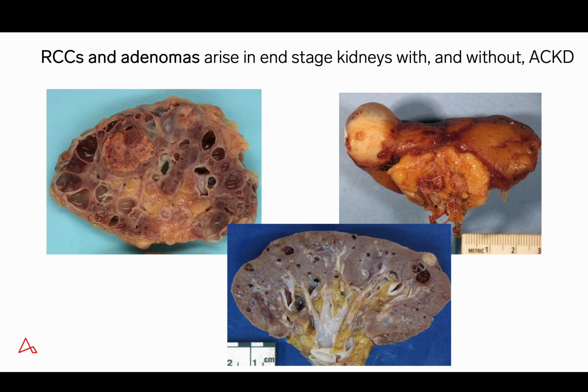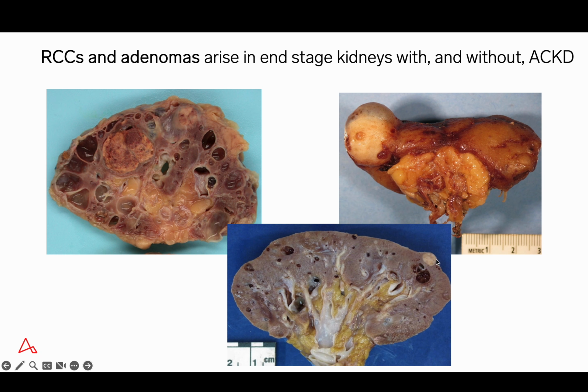These are examples of renal neoplasms occurring in acquired cystic kidney disease. Here in the upper left, we have diffuse cystic alteration, and we have two clear cell renal cell carcinomas, one right here and a second one here at the top. In the middle image at the bottom, we have less severe cystic kidney disease, and we have multiple papillary adenomas.